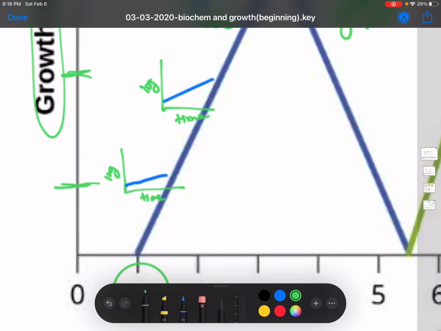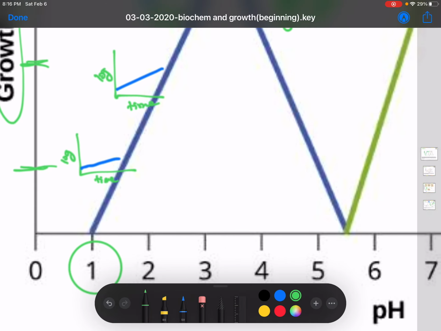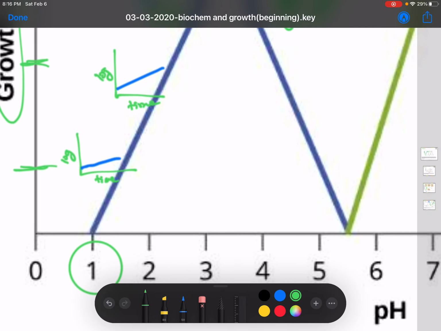Then if we compare that to the growth rate at a pH of 2, then we start to see a much higher growth rate, or a faster growth rate. And if you compare these two, this line has a greater slope to it. So it's becoming less horizontal and more vertical.